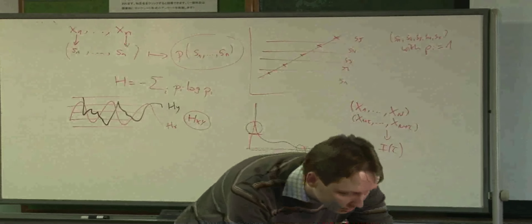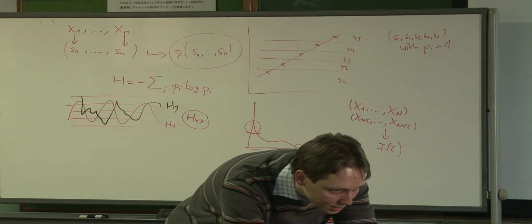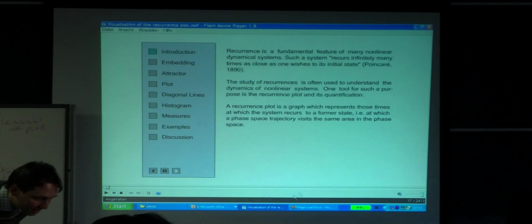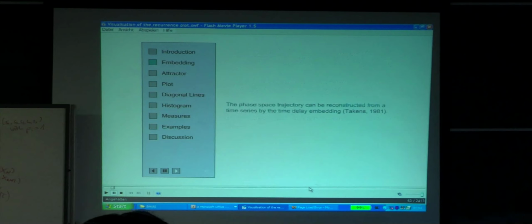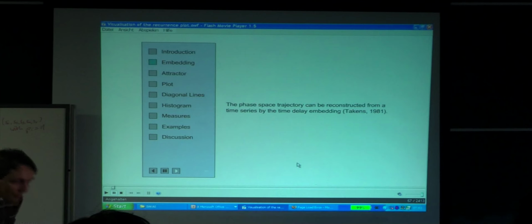And I will show you some animation. Recurrence is a fundamental feature of nonlinear systems, which was introduced by Poincaré almost 120 years ago in the context of celestial dynamics and stability of planetary motion. I like it very much.